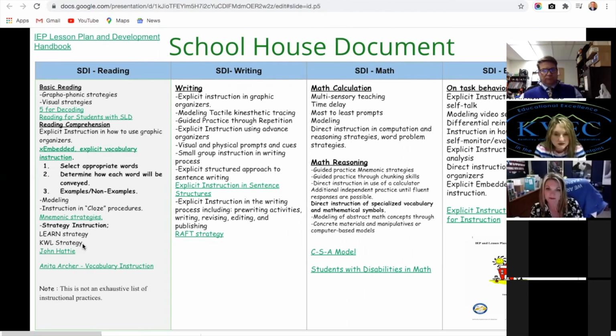I do it, we do it, you do it. So you would do one, you would model how that would look, and then you would do one together, and then you would have them do one independently. So the W is what you would want to know. And then after you read the passage, the L is what you learned. And then the LEARN strategy that's listed above it is a little bit more in depth.